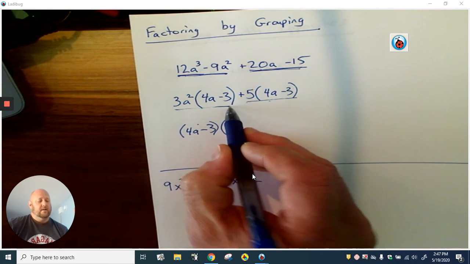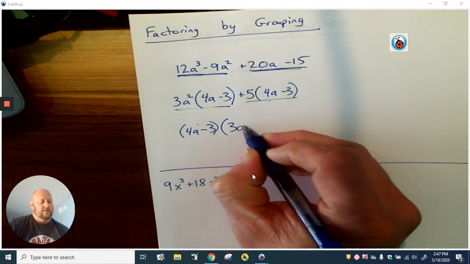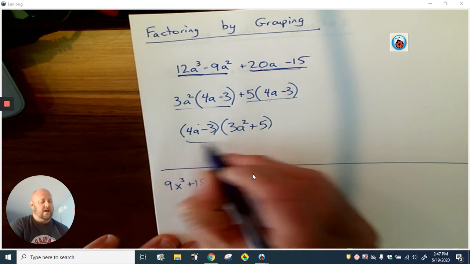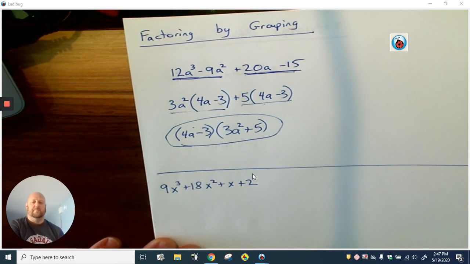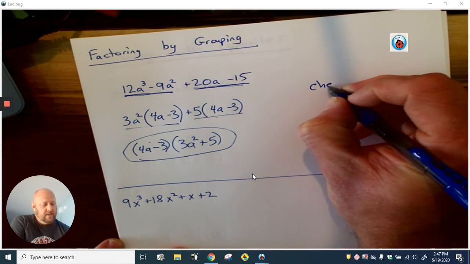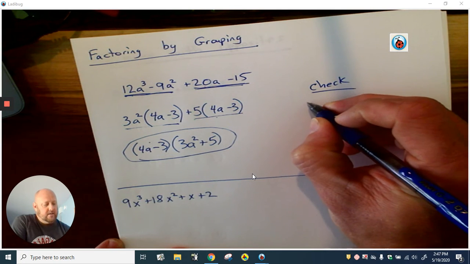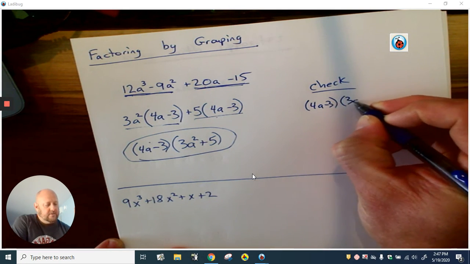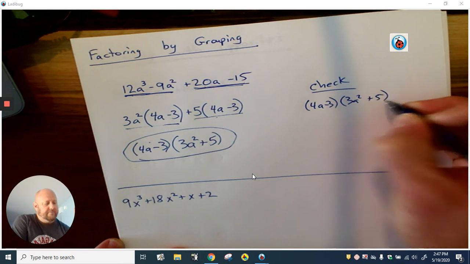If I pull it out of here, I'm just left with a 3a squared. Pull it out of here, and I'm just left with a 5. So that would be your answer. And again, I should be able to check my answer: 4a minus 3 times 3a squared plus 5.